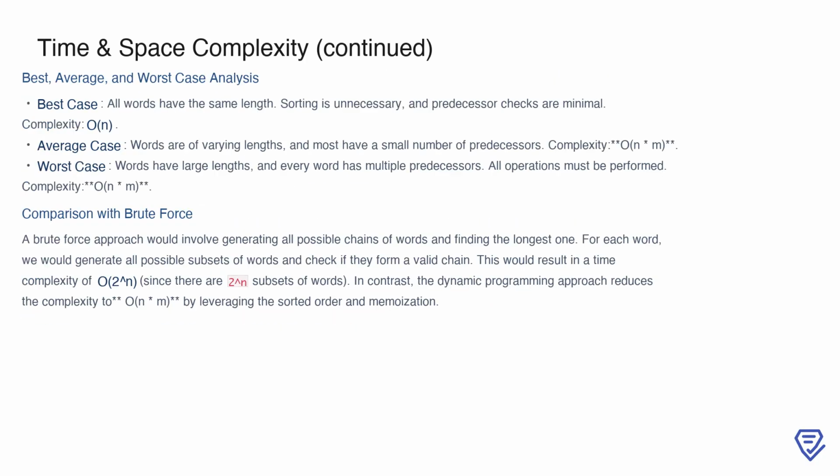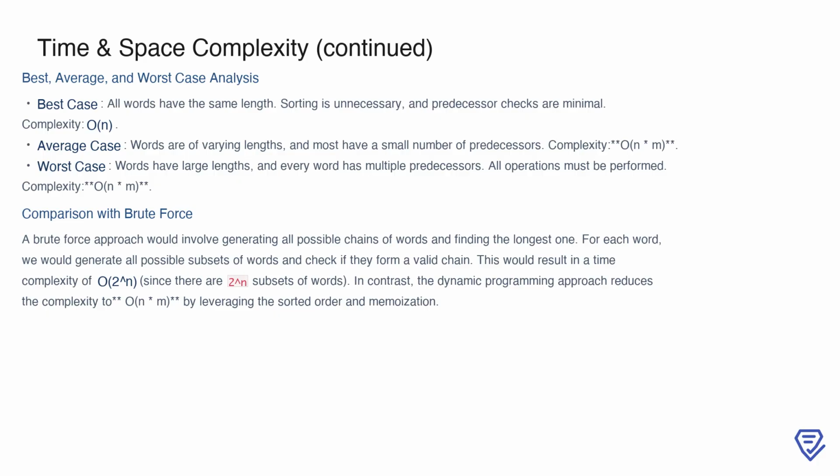Next, let's examine the best, average, and worst-case scenarios. In the best case, all words have the same length, meaning no sorting is required, and predecessor checks are minimal. This results in a time complexity of O(n). In the average case, words have varying lengths, and most words have a small number of predecessors.